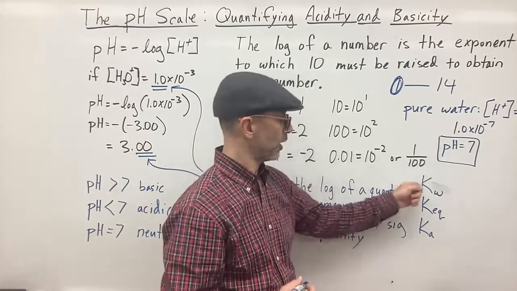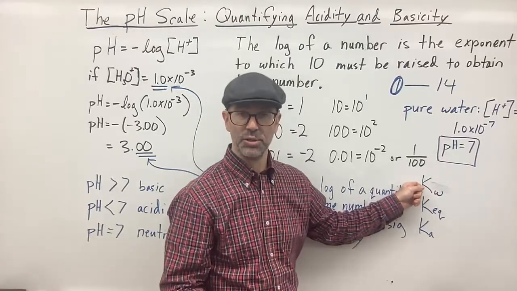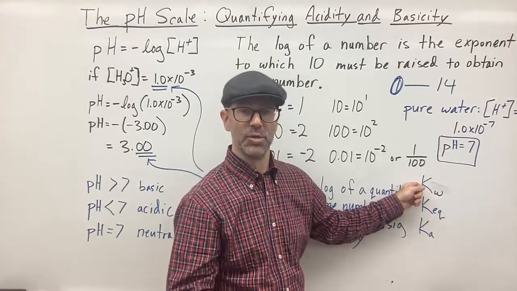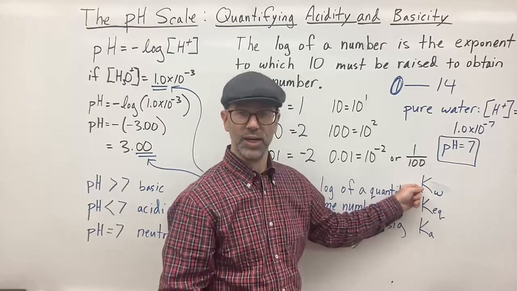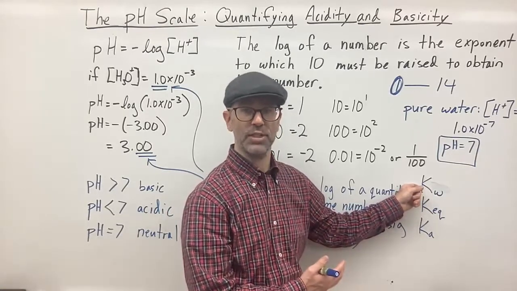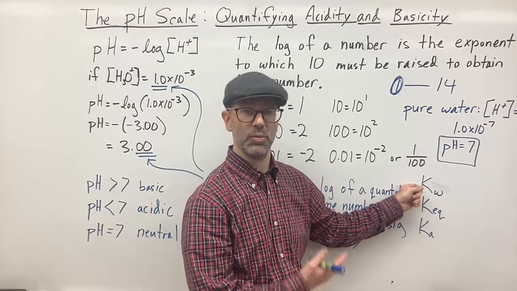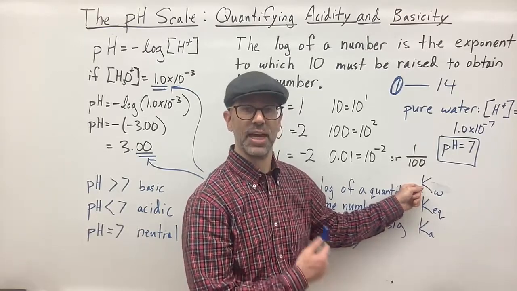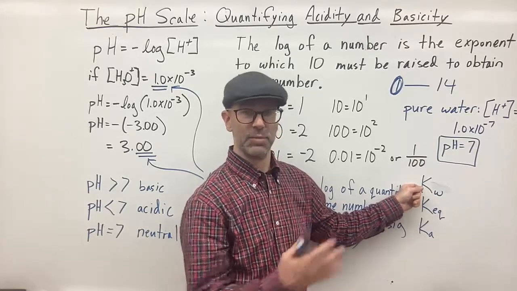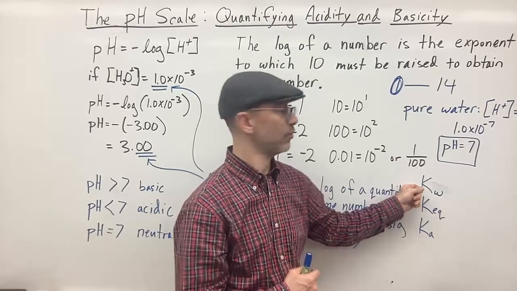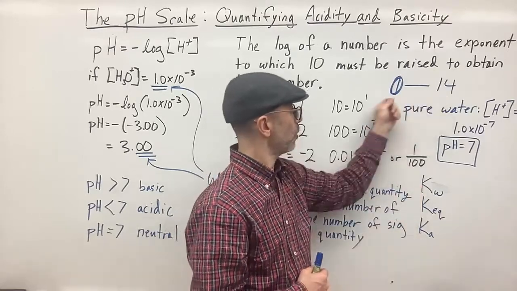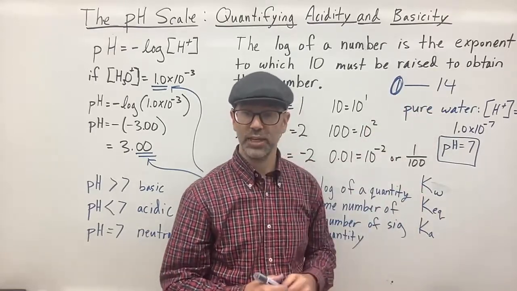And so therefore, Kw depends on temperature. If you change the temperature, you change the value of Kw. At 25 degrees Celsius, Kw is 1.0 times 10 to the negative 14. If you change the temperature, that is no longer the case, and so your pH scale will change.